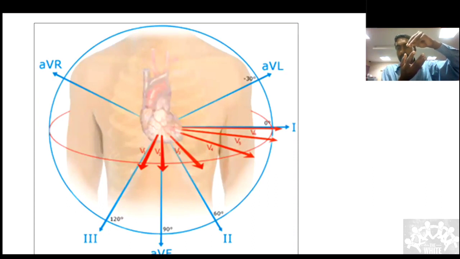If this is my apex, this is going to be a lateral lead. It is going to see from one side. It is lateral to it, so it's called a lateral lead. And then there is an inferior lead. And then there is something called lead aVR. That means it is going to see here.